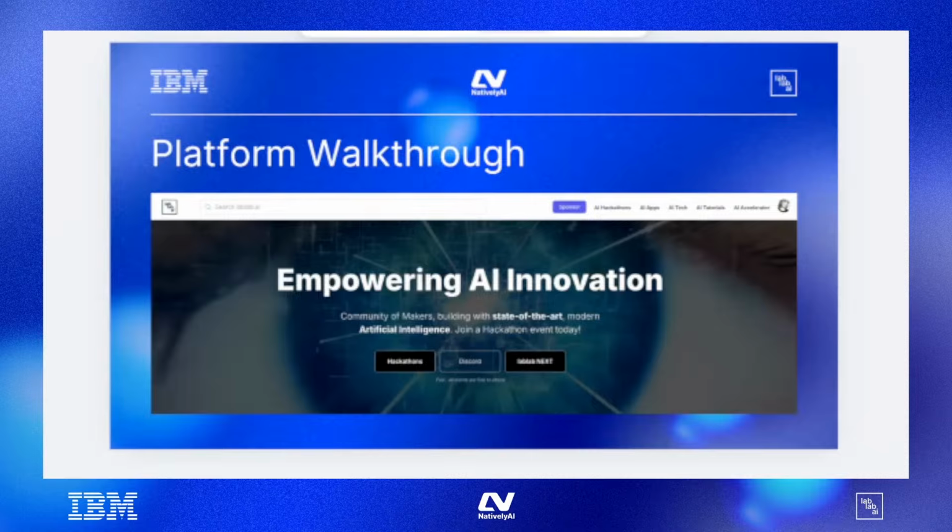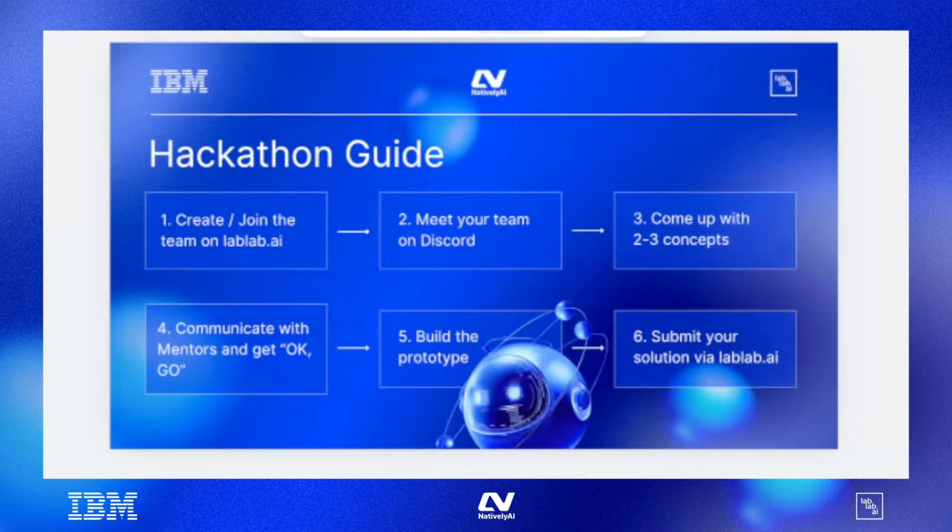So if you've already participated in the LabLab hackathons or IBM hackathons with LabLab, you know it very well, but for the first-time hackers, remember to watch this part carefully so I can guide you step by step on how to use the LabLab.ai platform. First of all, after you register to the hackathon, you need to create or join the team.